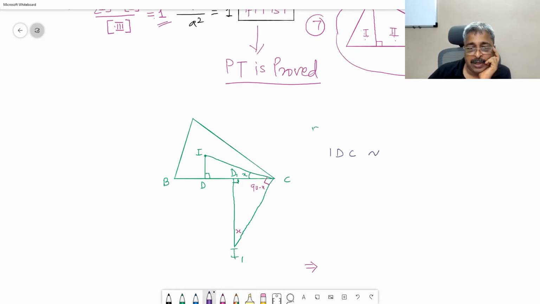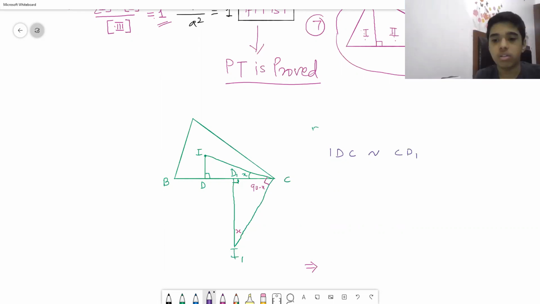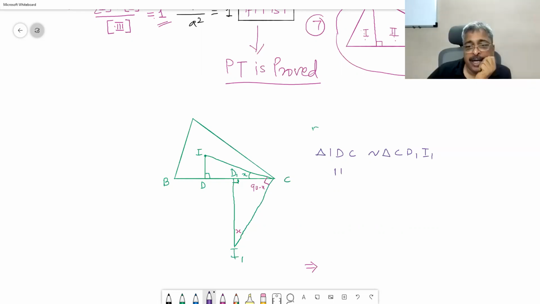IDC is similar to CD1I1. So ID upon CD1 is equal to DC upon I1D1. Okay, so ID is R. CD1 is S minus B, DC is S minus C, upon R1.